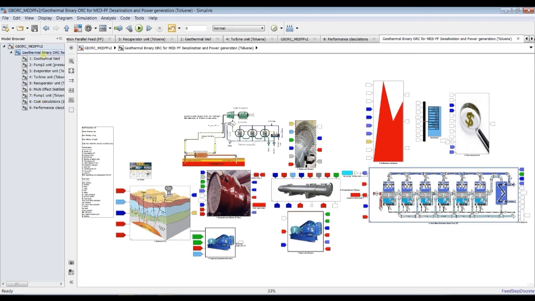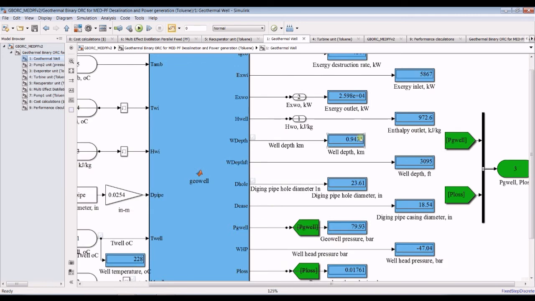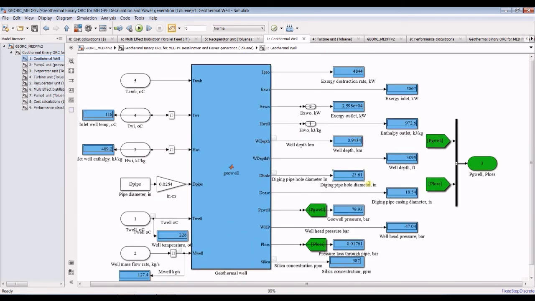Okay, for this geothermal well, this is our depth, 0.9, almost 1 kilometer depth.